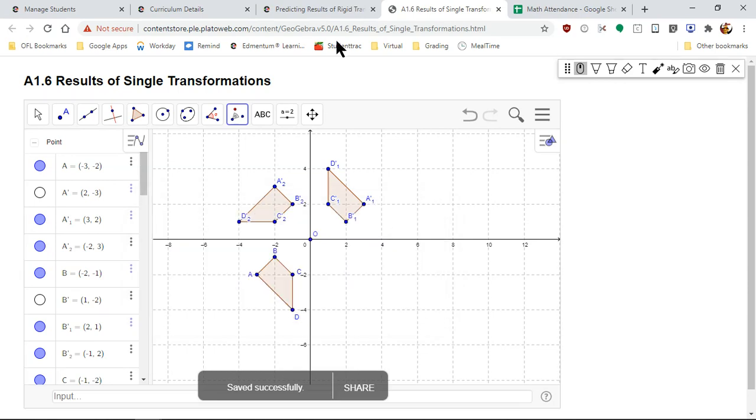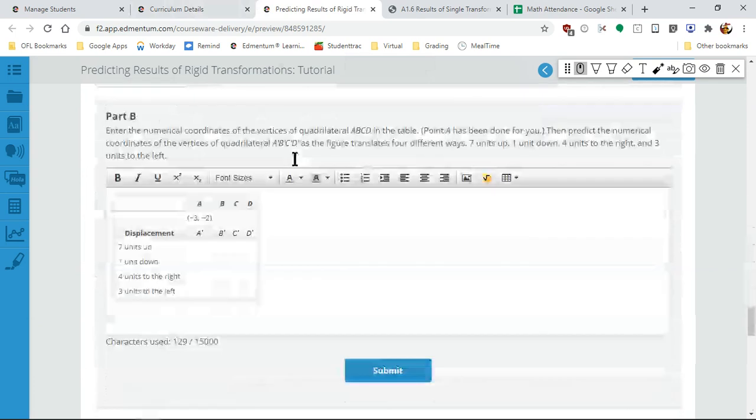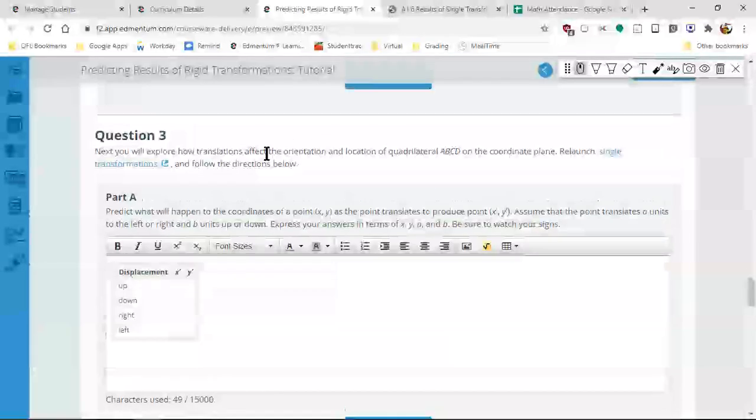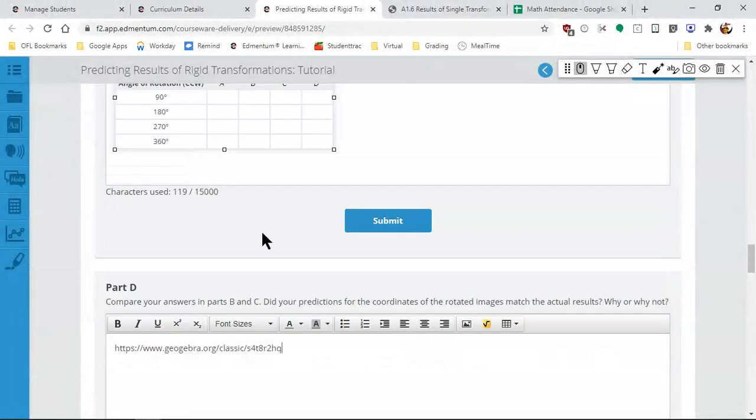Wait for it to save, copy it. Then we are going to paste it right there. So we're still going to write experimented a lot. So answers I can't spell are the same.